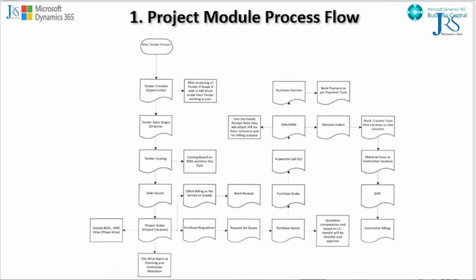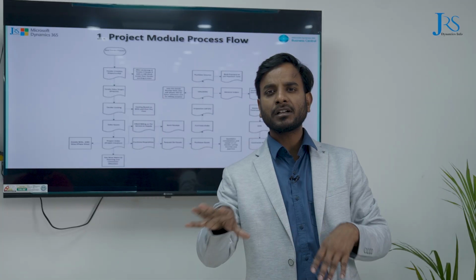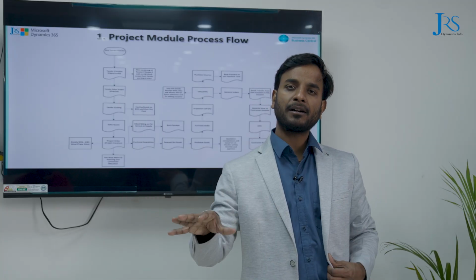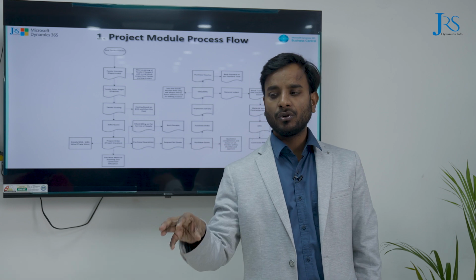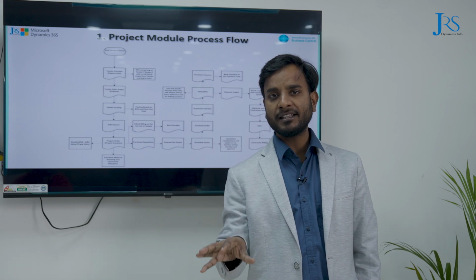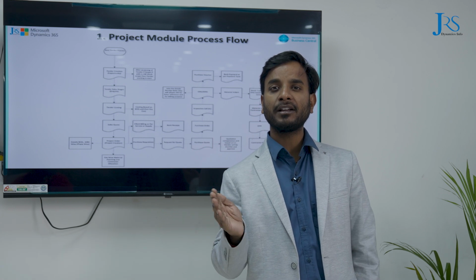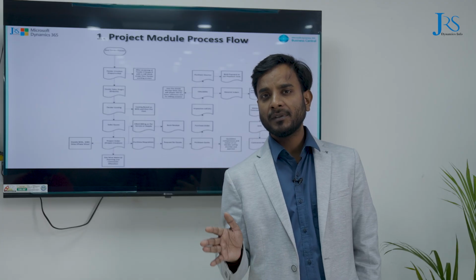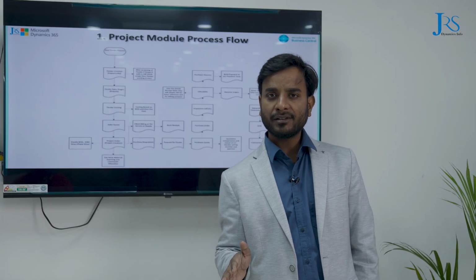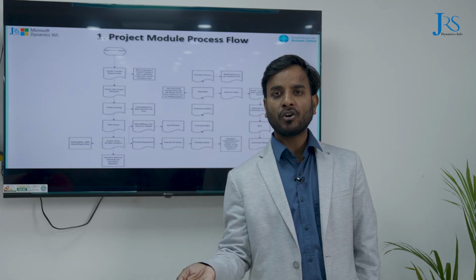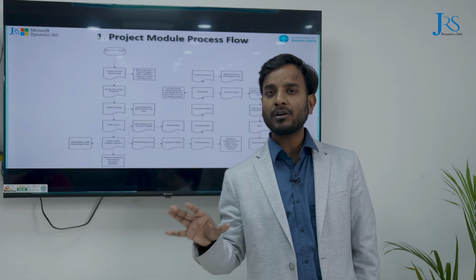These are the contractors who will perform, because as a bigger company, we cannot do everything. So we have to distribute our tasks to our contractors also. We can manage that part in Business Central. Our contractor can request material, and based on the contractor's request, we will share the material with the contractor.